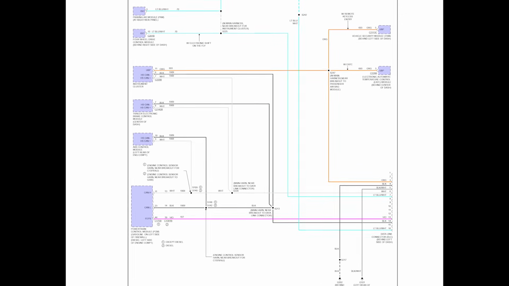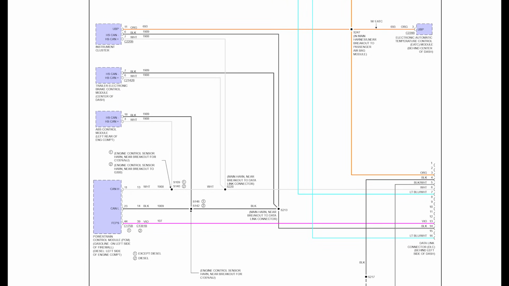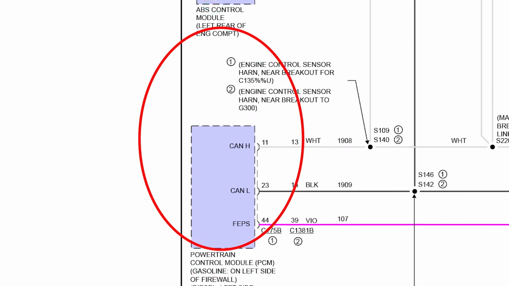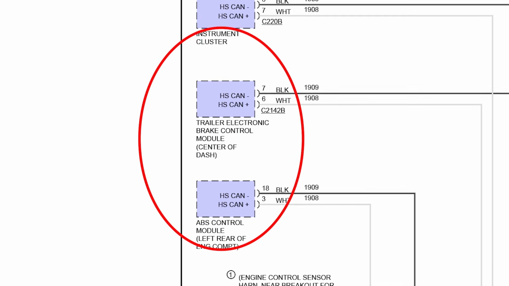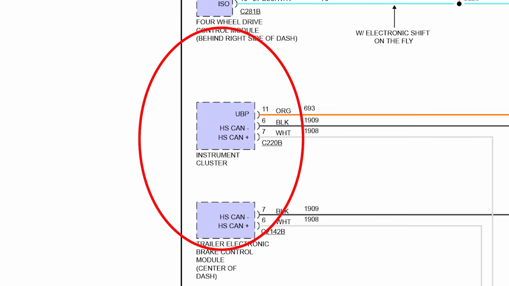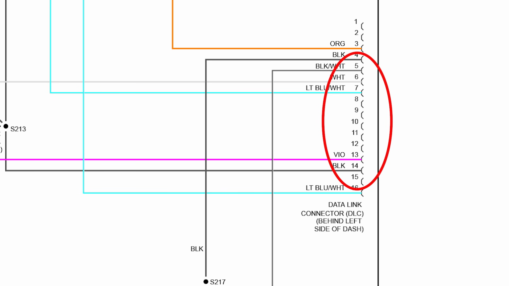Going back to the network diagram, you can see that there are only 4 ECUs on this single CAN network: the PCM, the ABS, the TBC, and the IC. And it connects to the DLC at pins 6 and 14. Now remember the system scan that we performed earlier?